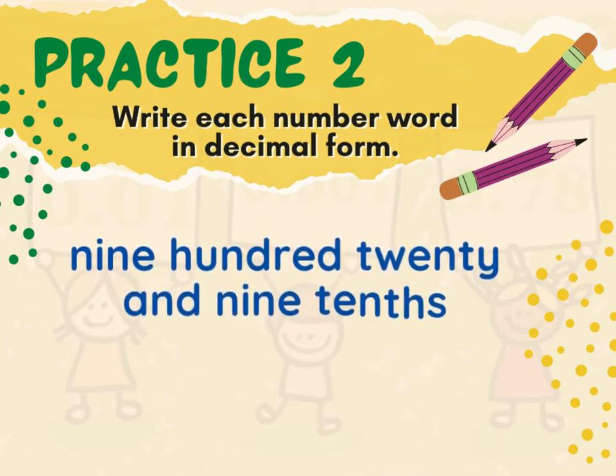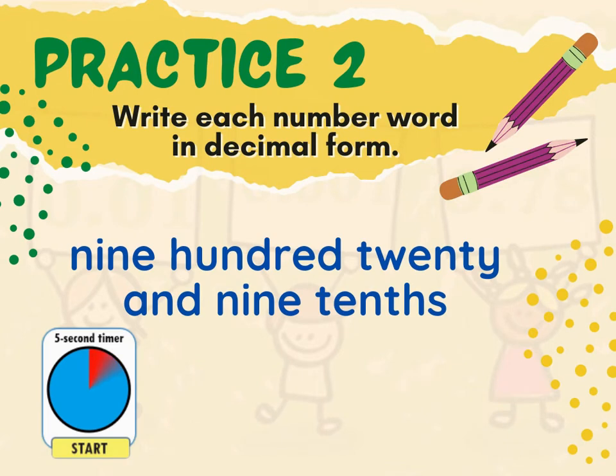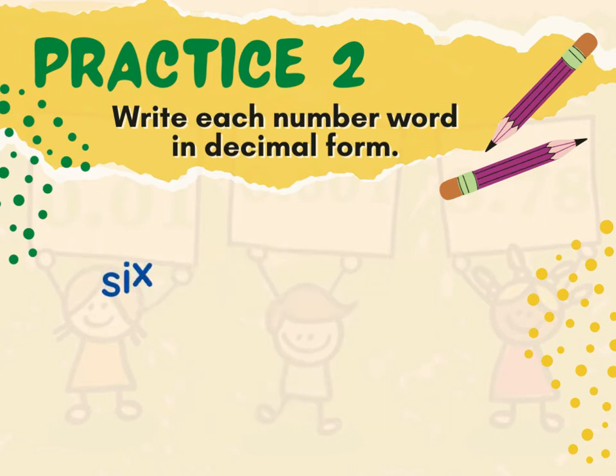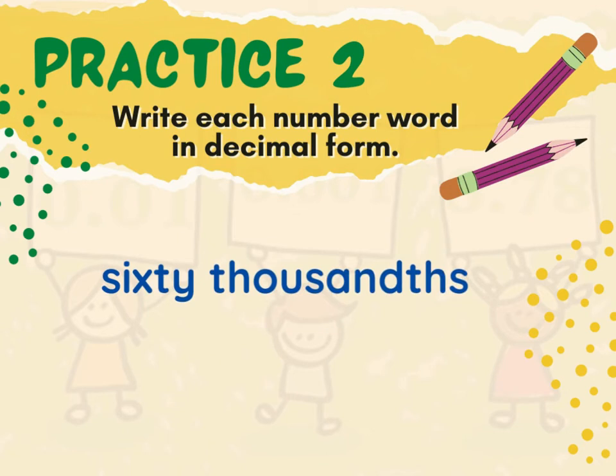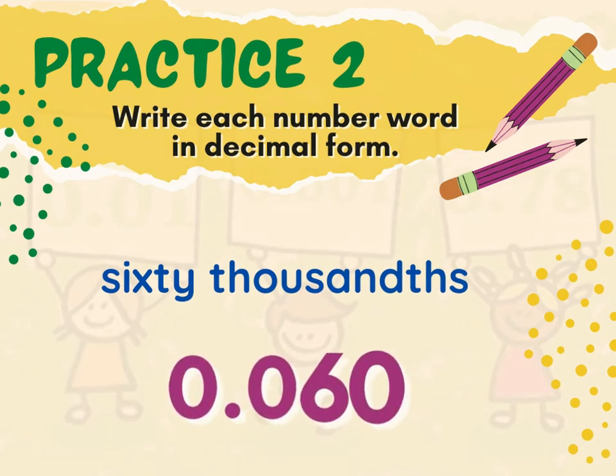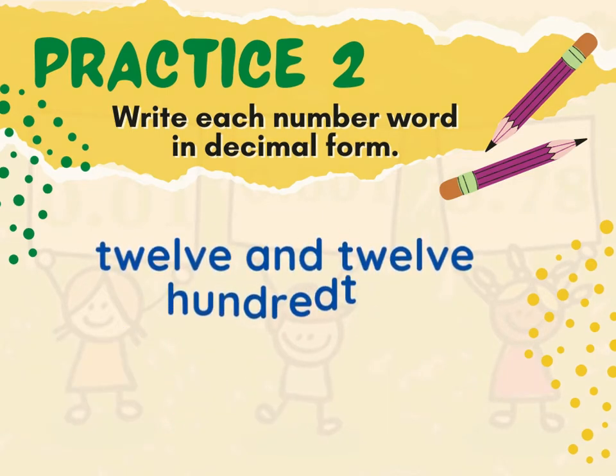920 and 9/10 is written as correct, 920.9. The standard form of 60 thousandths is good, 0.060. How about the standard form of 12 and 12/100ths?